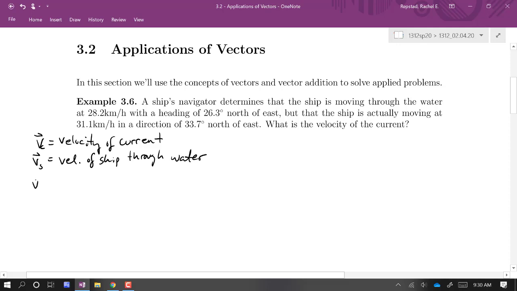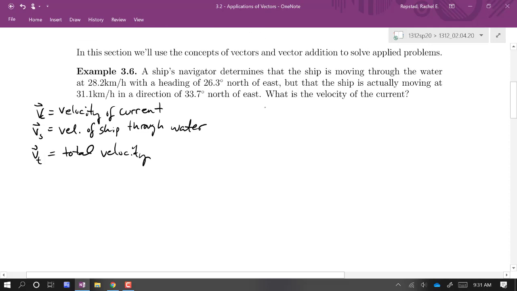And then VT is the total velocity, its actual velocity, maybe in reference to the land or the shore. And so the basic idea that's going to help us solve this problem is that the total velocity should be equal to the velocity of the current plus the velocity of the ship through the water.